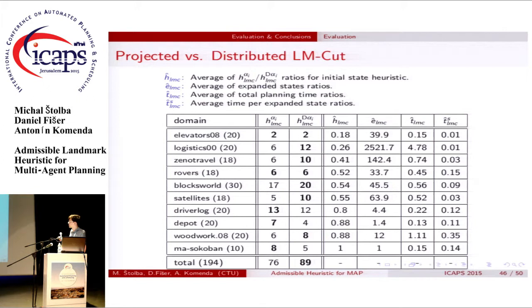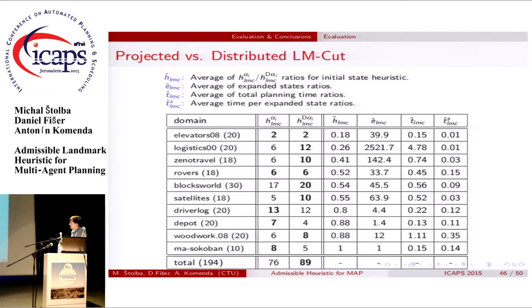So the projected one has to expand many more states. And it's also interesting that although the distributed heuristic takes 100 times more time per state, the overall time is better for the distributed one because of the number of expanded states of the projected one.